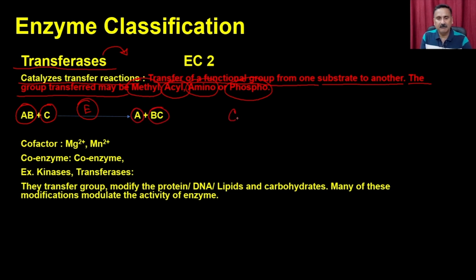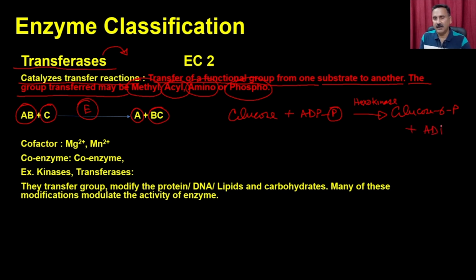I can give you an example: glucose and ATP react to form glucose 6-phosphate, and the enzyme is hexokinase, and it also forms ADP.